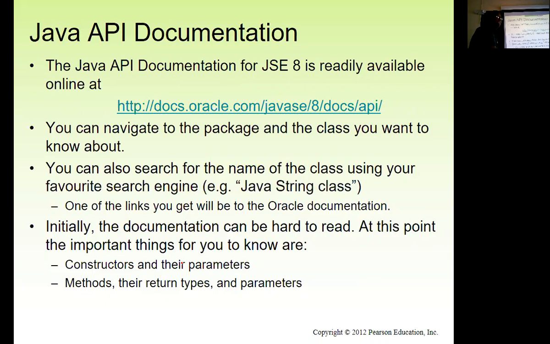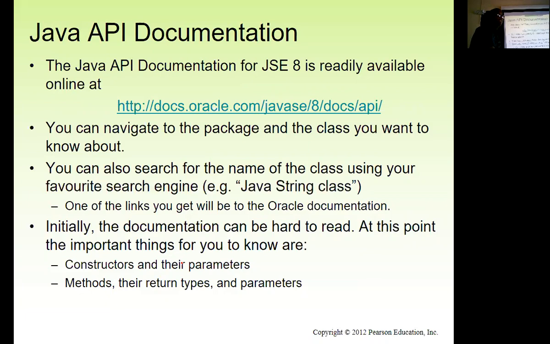Once you know what they take in and what they return, and their name, you can use them, right? And then you can read a little detail. Some have more detail than others about how they do some of the things that they do. And so when you read well, you will be able to use the Java language well, right?